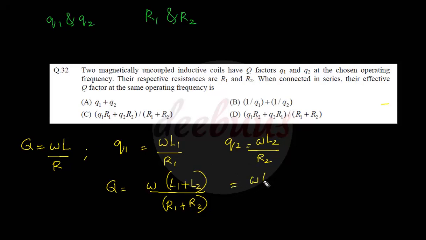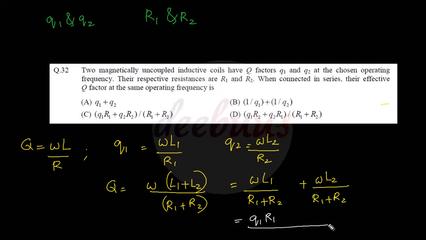That is omega L1 by R1 plus R2 plus omega L2 by R1 plus R2. But from this expression omega L1 equal to Q1 R1, so we can substitute Q1 R1 by R1 plus R2. Again omega L2 equal to Q2 R2, right? So the answer turns out to be Q1 R1 plus Q2 R2 divided by R1 plus R2. Option C is the answer.